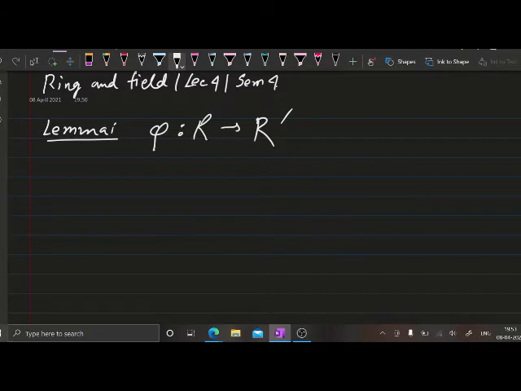Let phi from R to R dash be a ring homomorphism.